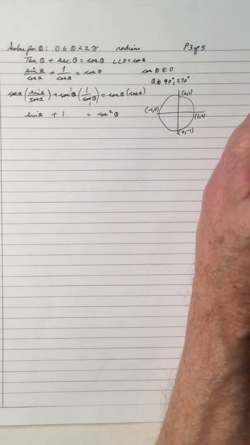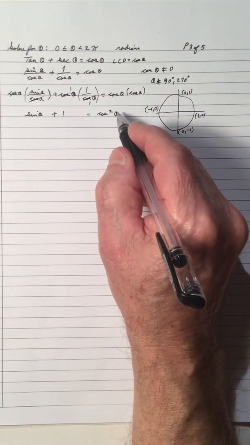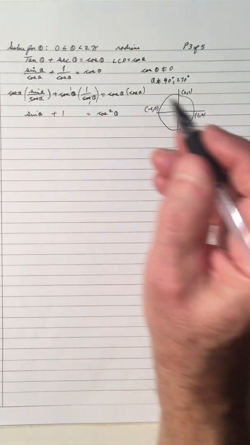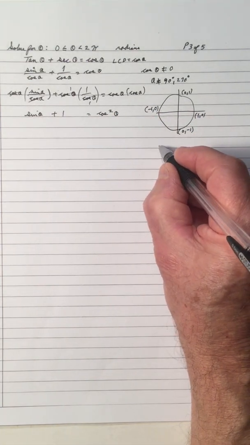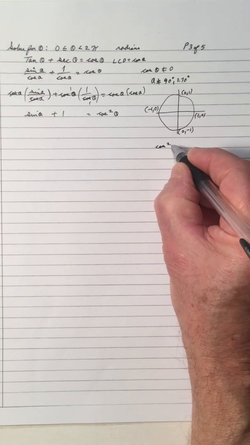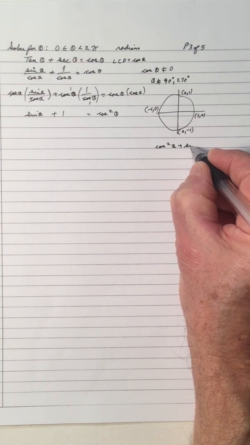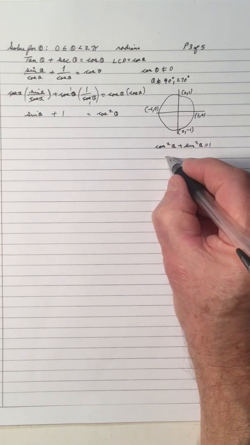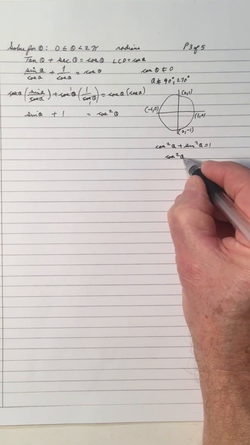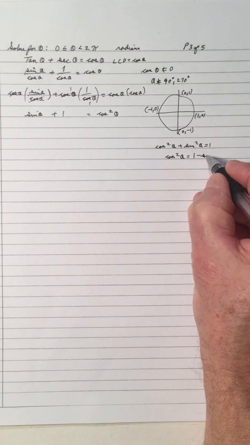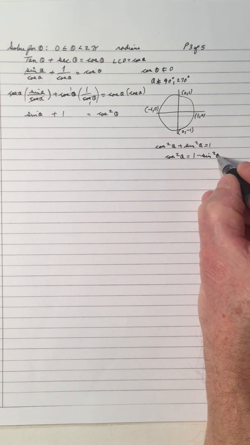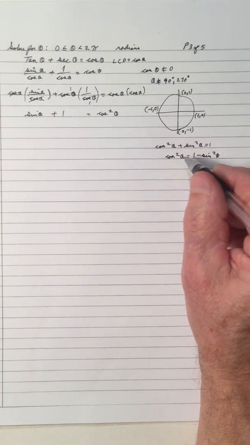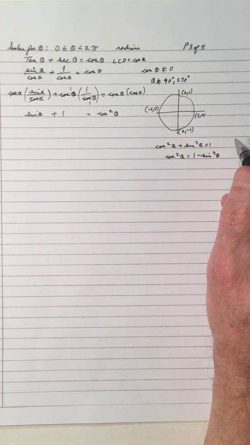Now you notice that we have a sine and a cos in the same problem, but I can't factor, so we have to make them the same. We learned that cos squared plus sine squared is equal to 1. So that means cos squared is 1 minus sine squared. We did that in identities earlier on in trig, which you should have practiced before we did equations.